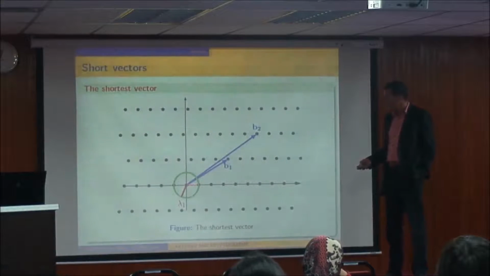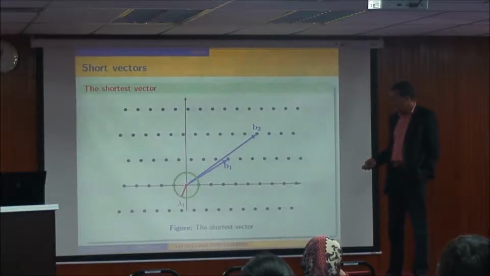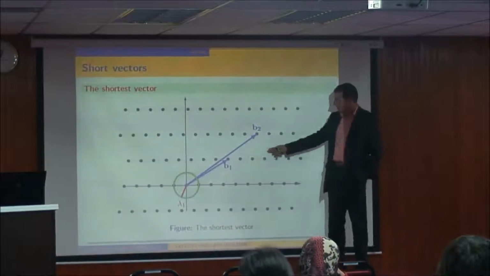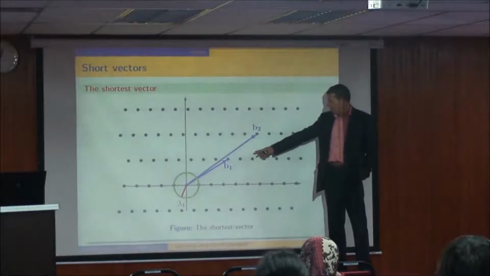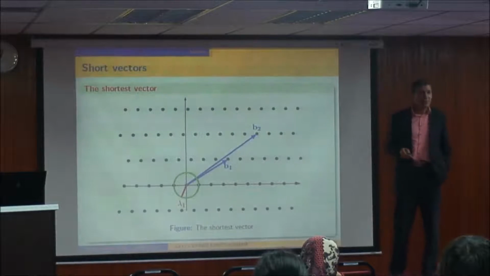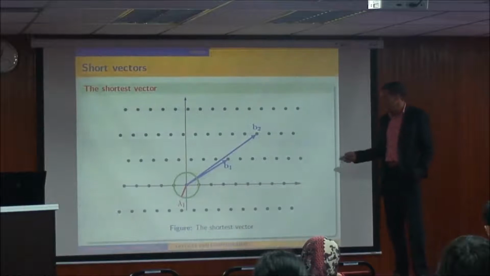The first one is this one, and the second one is this one. These vectors are opposite, but we can find the shortest vector in this situation. So if you have a lattice with the basis B1 and B2, in general it's not very easy to find the shortest vector.